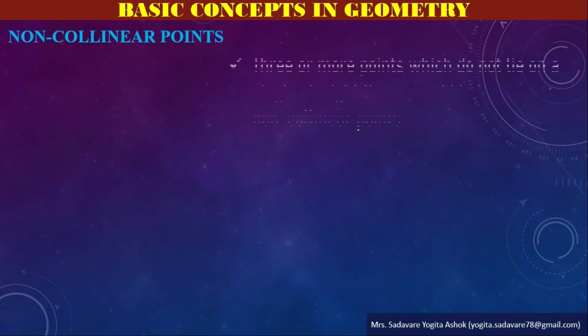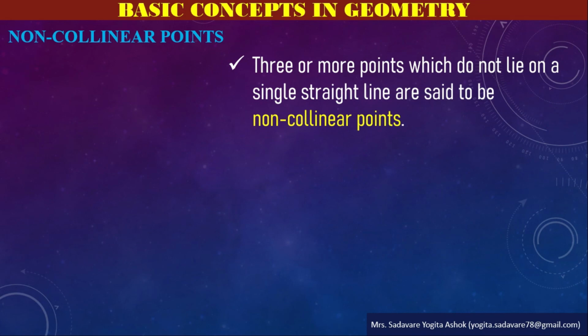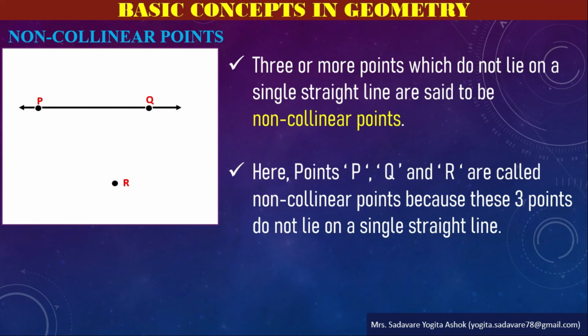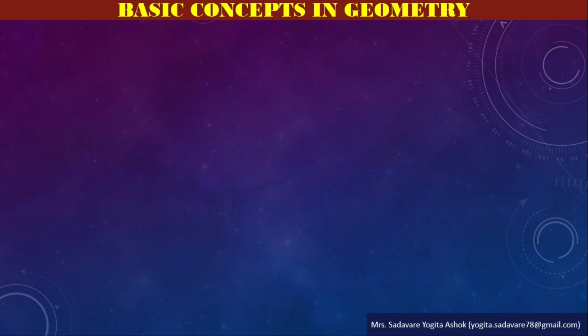Non-collinear points. 3 or more points which do not lie on a single straight line are said to be non-collinear points. Here points P, Q and R are called non-collinear points because these 3 points do not lie on a single straight line.